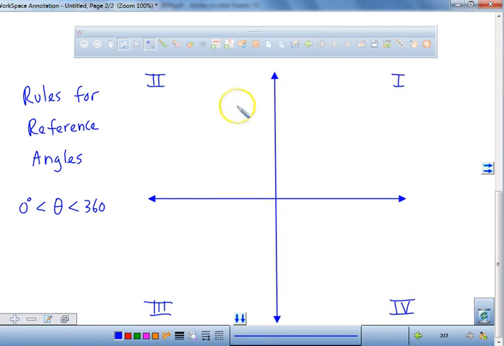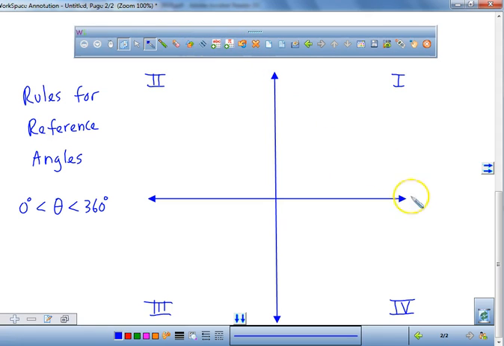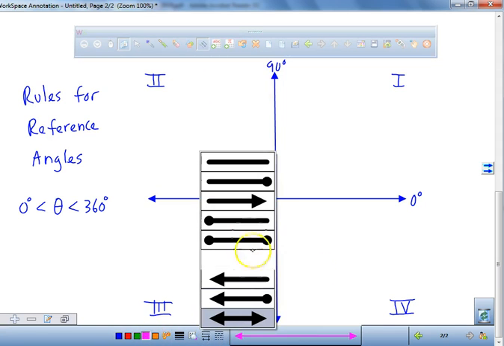Alright, what we're going to be doing right now is going over the rules for reference angles. When you start out, theta has to be between 0 degrees and 360 degrees, so this number is going to be positive. Right now, give me a number between 0 degrees and 90 degrees. Any value for theta. Go ahead. 15.